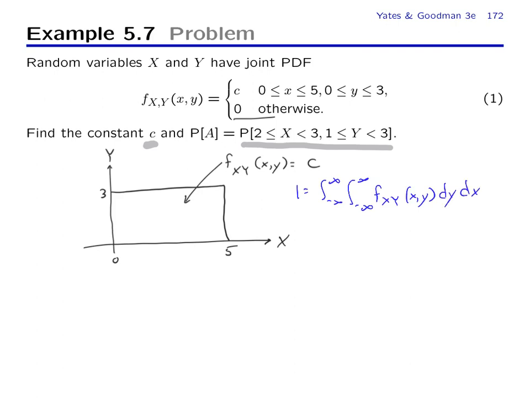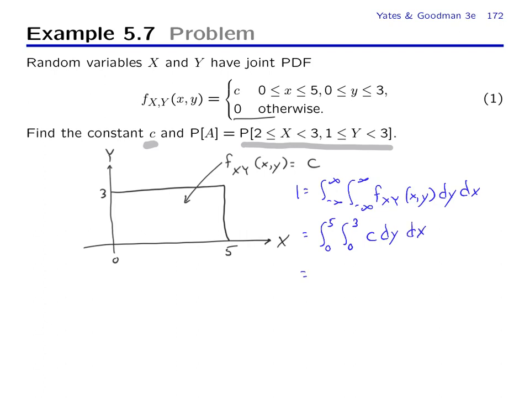We could do the integral the other way, but somehow I seem to like it this way. And this integral becomes the integral 0 to 5 in the x direction, 0 to 3 in the y direction, and over this interval, the PDF is c, dy dx.